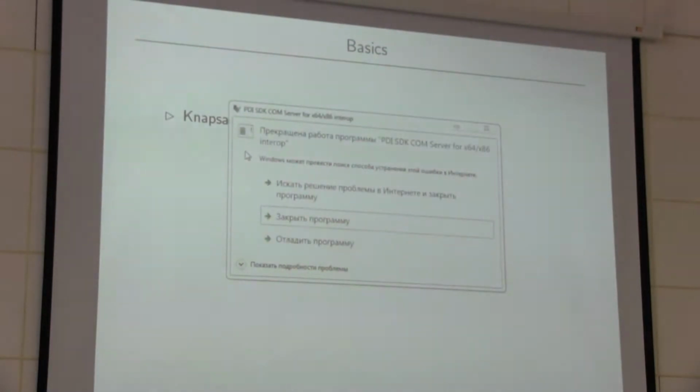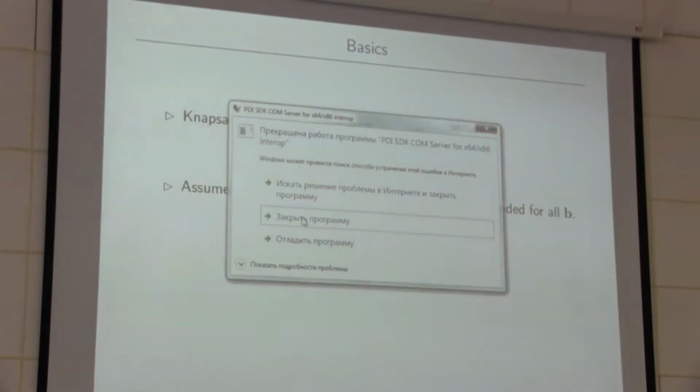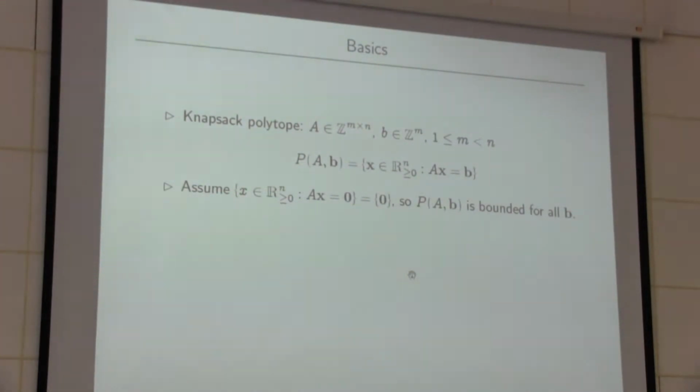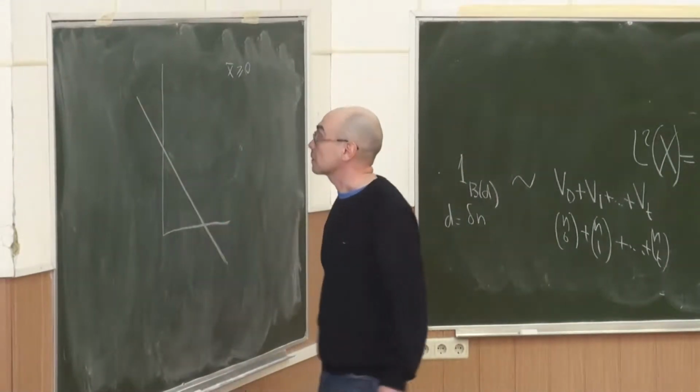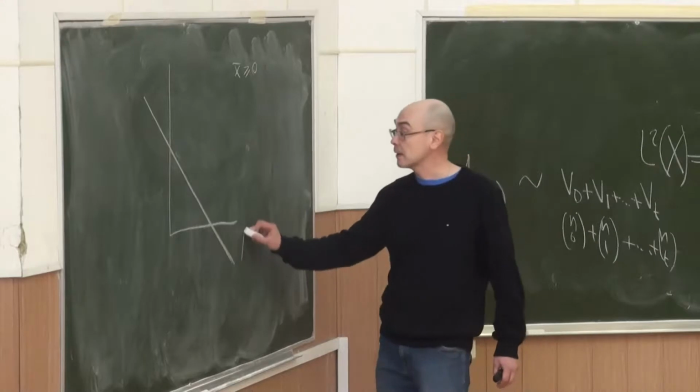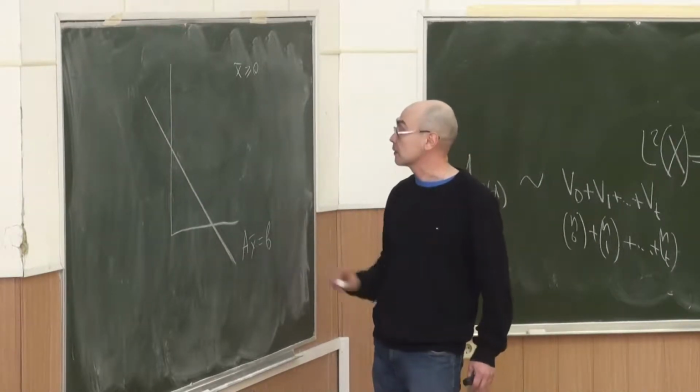So geometrically, take the orthant of the real points with non-negative coordinates and intersect it with the affine subspace defined by the equation Ax equal to b.